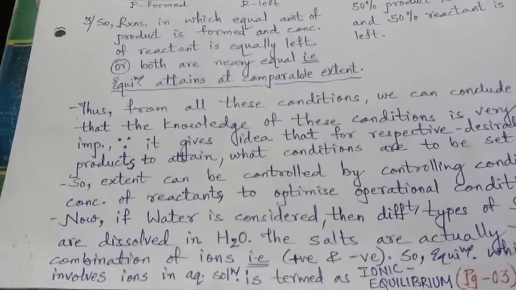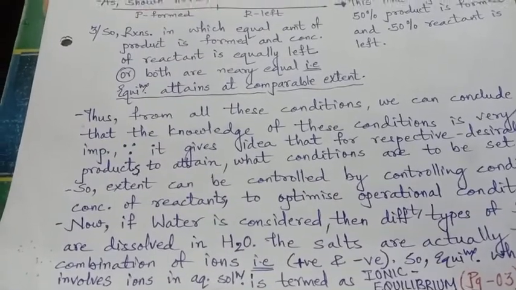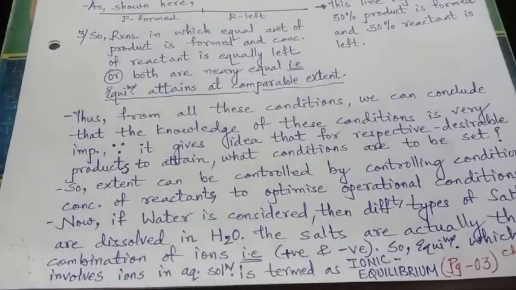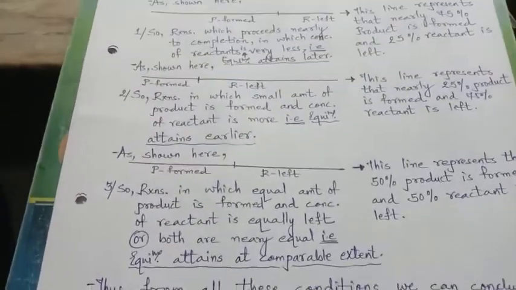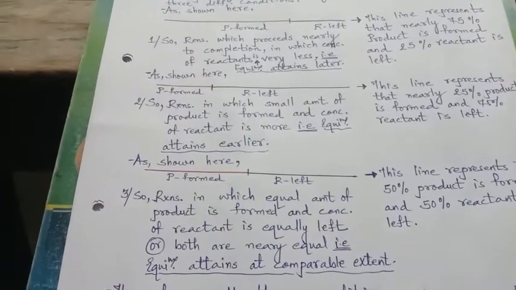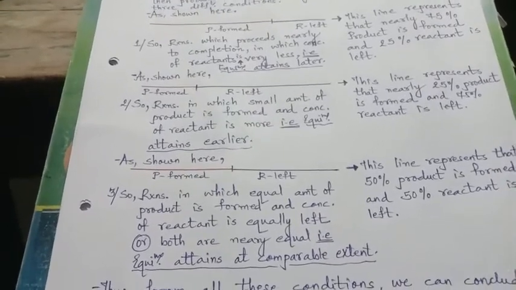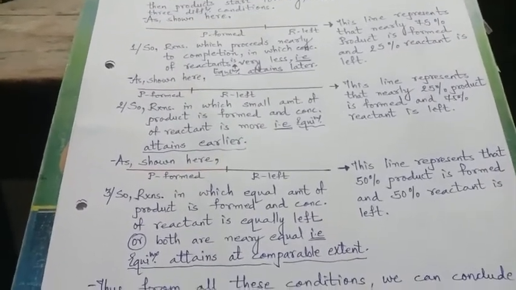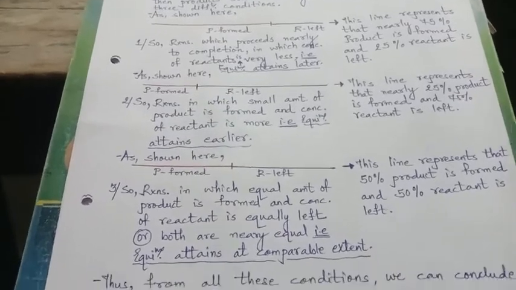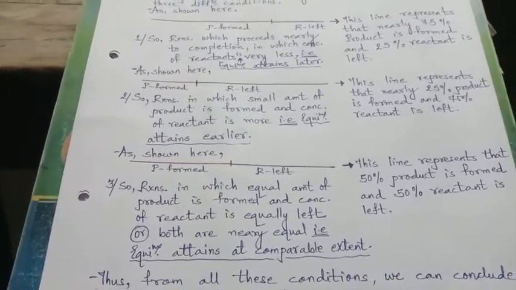Yesterday's video gave us one word, that is dynamic equilibrium. Dynamic equilibrium means an equilibrium which appears to us as static, stationary, but actually lots of other actions are taking place at that moment. That equilibrium is dynamic equilibrium.